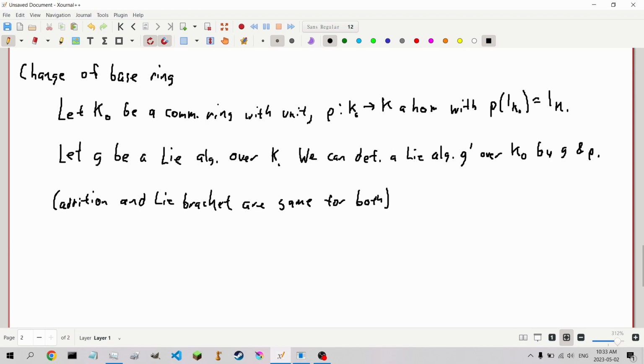How scalar multiplication works is going to let... okay, so we have our K0 to K be our function rho above.